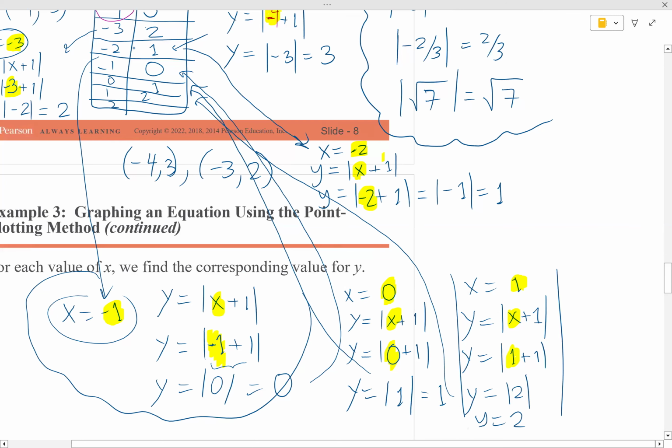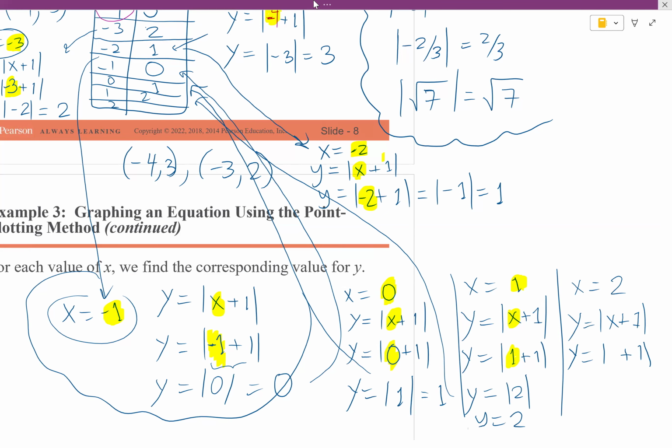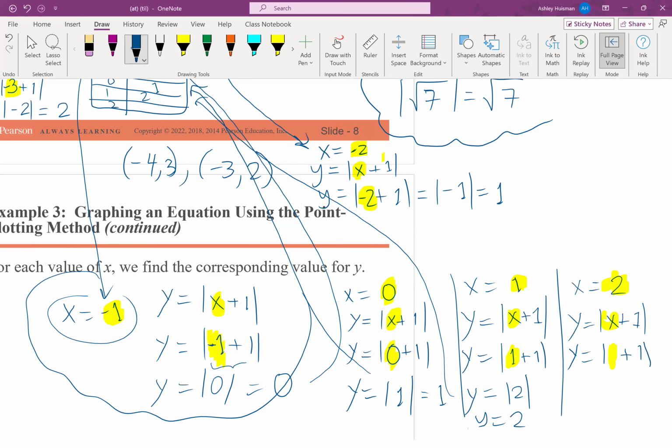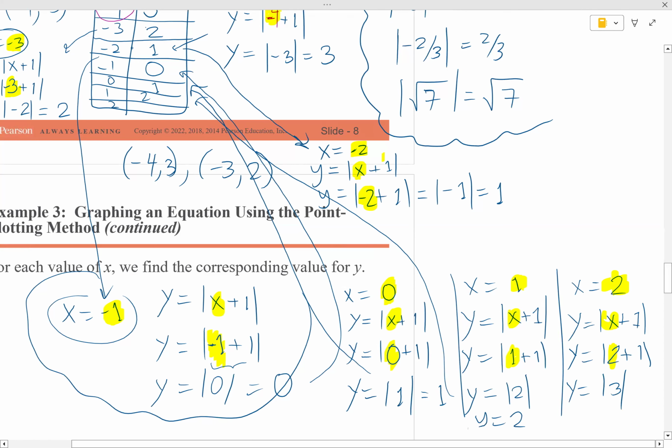I know you probably don't have enough room on your paper. Sorry, I get to cheat and make more room. For x equals 2, y is going to be absolute value of 2 plus 1. Okay, 2 is going to go here. 2 plus 1 is 3. Inside the absolute value I have 3, but the absolute value of a positive number is just the same number.